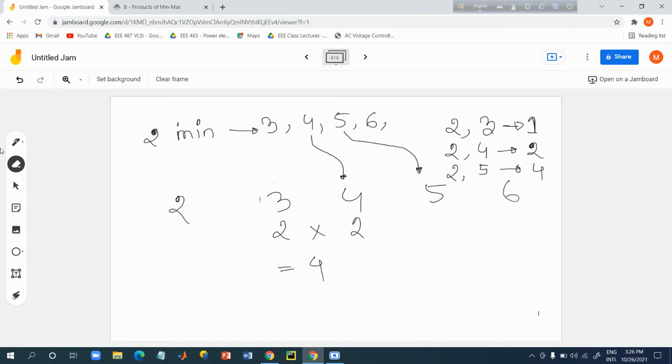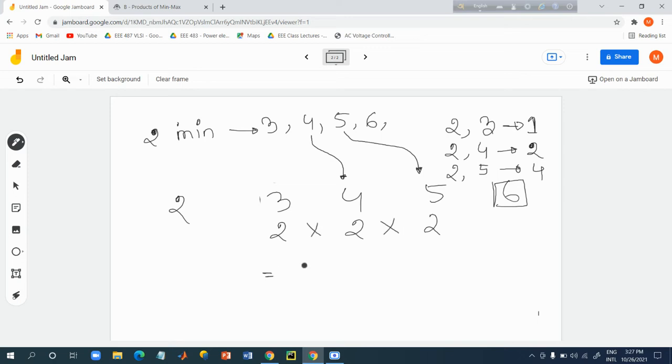Okay, so one thing you have to understand, each time we are going to the next element, the possible subsets when the minimum is 2 is multiplied by 2, right? When we go to 6, what are the possible subsets here? 3 either can be excluded or can be included, 4 either can be excluded or can be included, 5 either can be excluded or can be included, right?